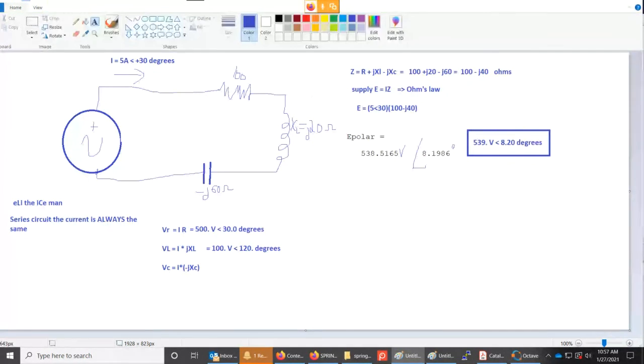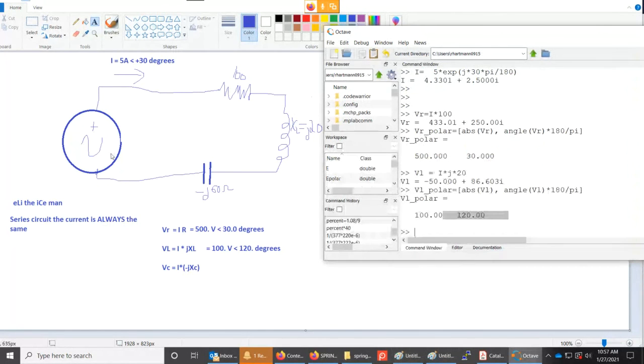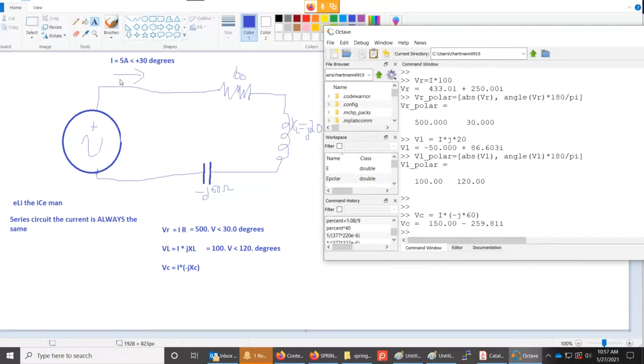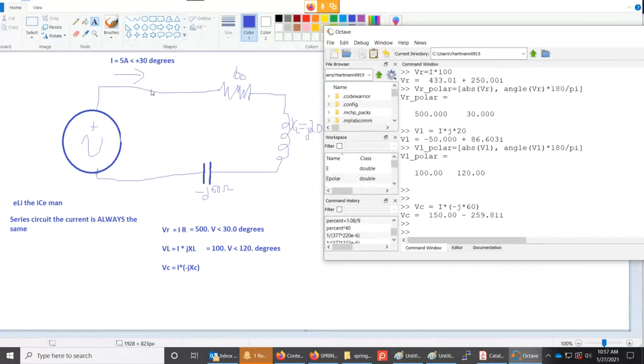And then VC is equal to I times a minus, use the parentheses, times XC, which was 60. Okay, and so that gives us that value, but now we need to put it in polar form. I'm just going to recall this and change L's to C's.